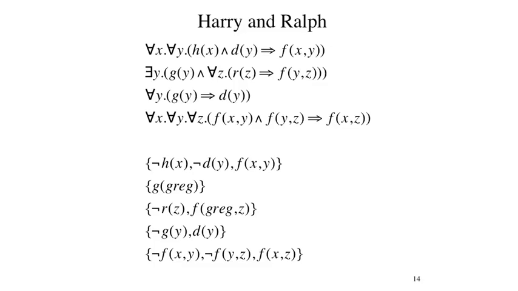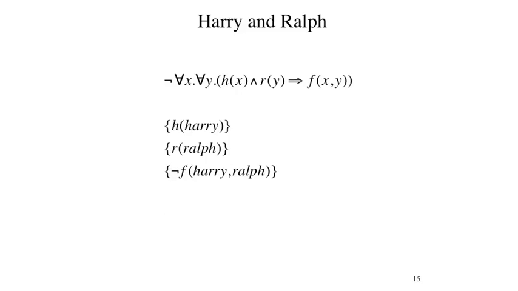The third sentence leads to a single clause, and the final sentence also leads to a single clause. Now our negated goal is a little more complicated. We have to push that negation through the universal quantifiers, and we need to add Skolem constants for the existential quantifiers that result from that distribution. In this case, we use Harry and Ralph, assuming that those words are not already in our language.